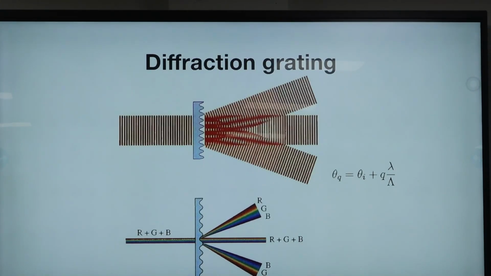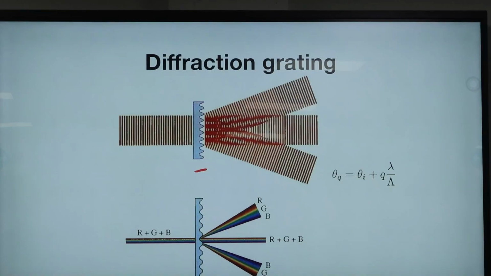The next device or object that we think about is what's called a diffraction grating. How many of you know what a diffraction grating is? Yes, it could be slits, that's practically true.